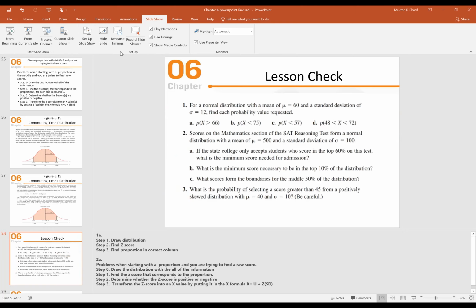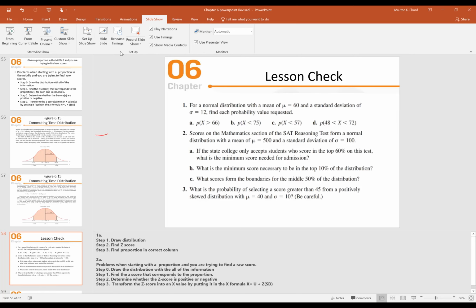If the college only accepts students who score in the top 60% of this test, what is the minimum score needed for admission? This one starts with a proportion, and it wants us to find a raw score.